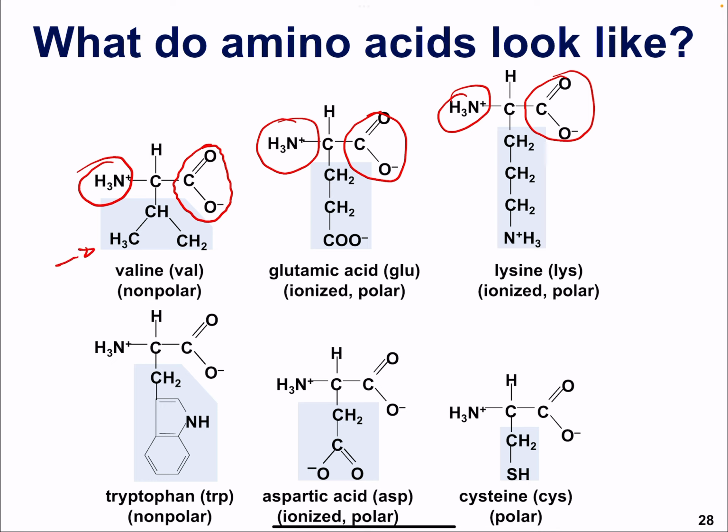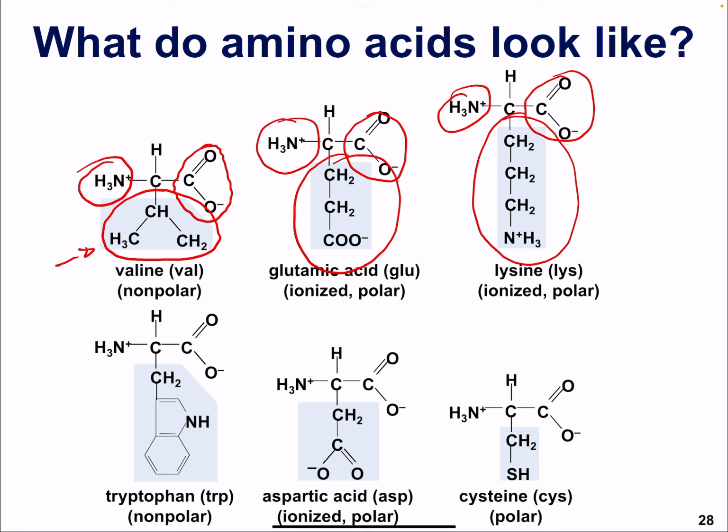For valine, the side chain is as you see here. For glutamic acid, the side chain is what you see here. For lysine, the side chain is what you see here. So we have 20 different kinds of amino acids. Technically 21, but I want you to remember 20.